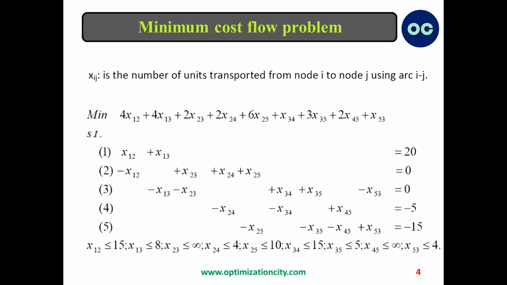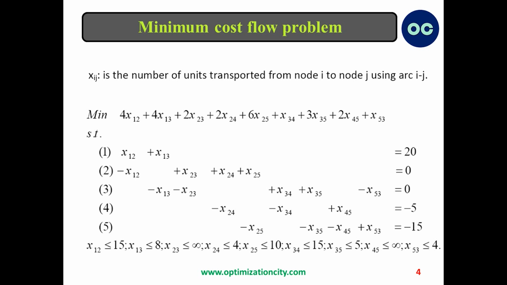In the minimum cost flow problem, our objective is to discover the flow pattern that incurs the lowest cost. To formulate this problem as a linear program, we need to define the variable. Xij represents the quantity of units transported from node i to j using arc ij.